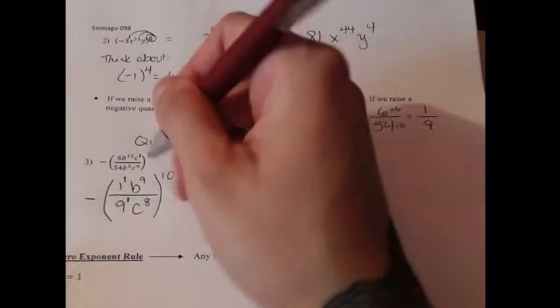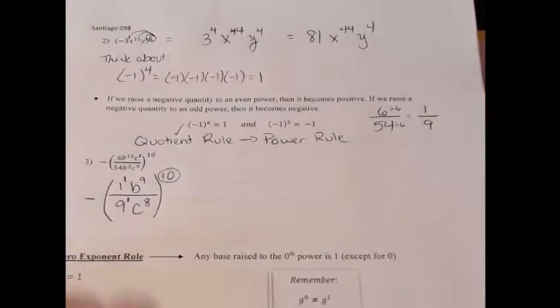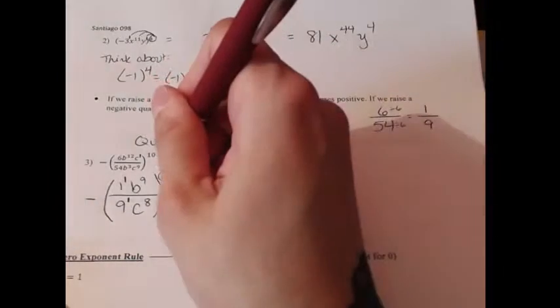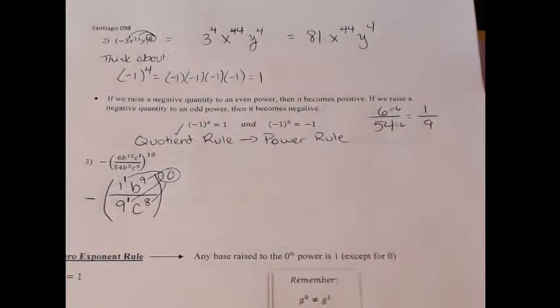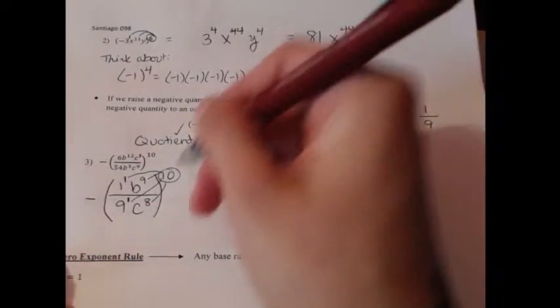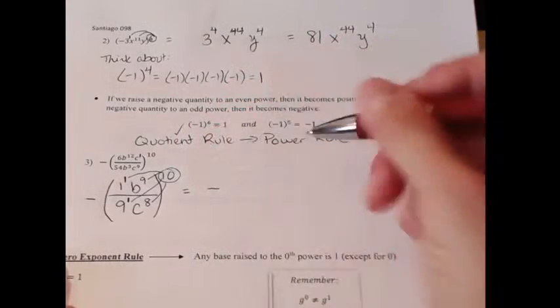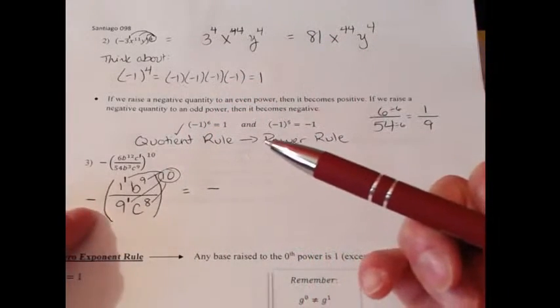So now, take your exponent, your power of 10, and distribute power times power. I find that drawing the lines of distribution helps because it's a reminder, oh yes, I'm applying the power rule here. So this gives me negative, right? Because there's a negative in front, so we leave it.